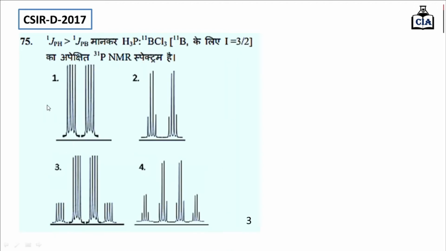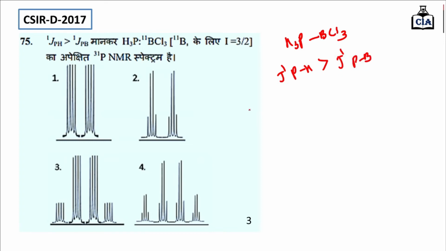Now next question from CSIR December 2017. In this question we have to find the 31 phosphorus NMR spectrum. Here our compound is PH3 and BCl3. They have given that the coupling constant for phosphorus hydrogen coupling is greater than the coupling of phosphorus boron.